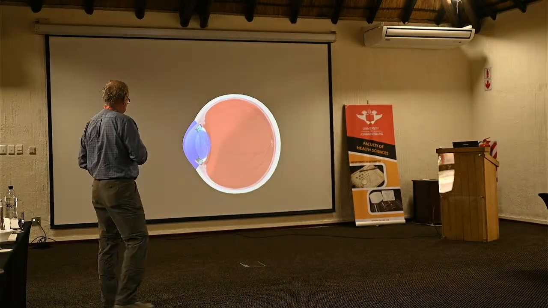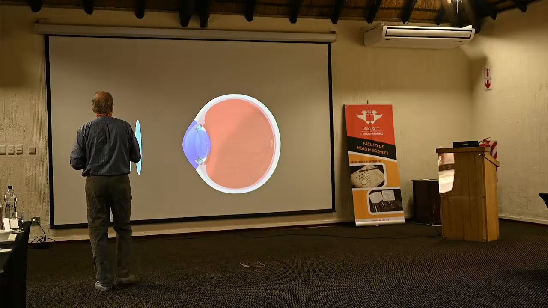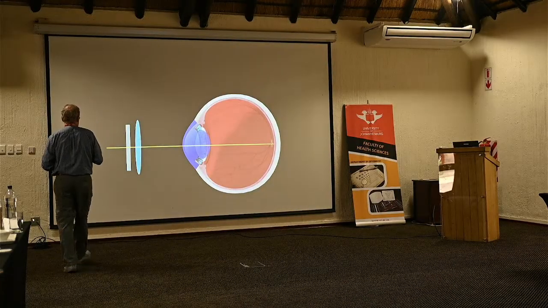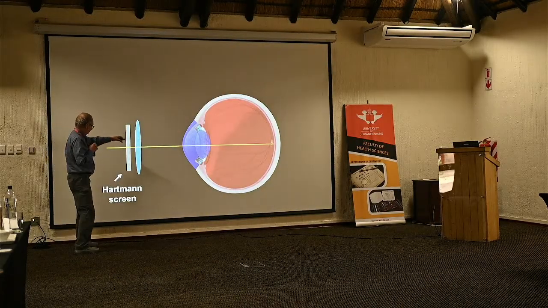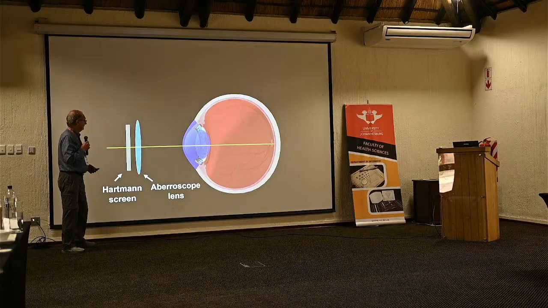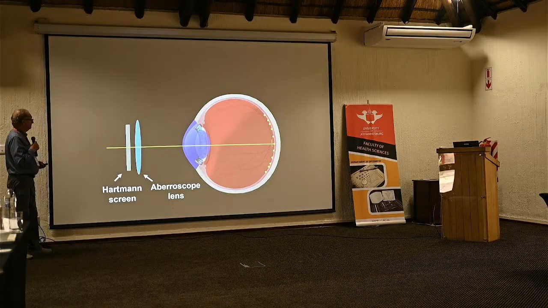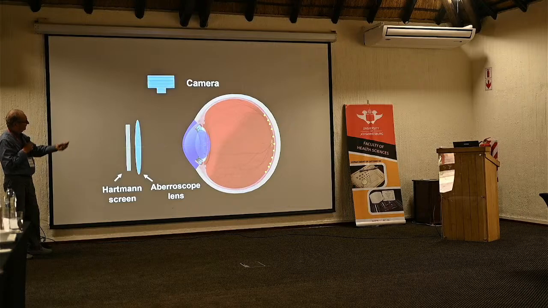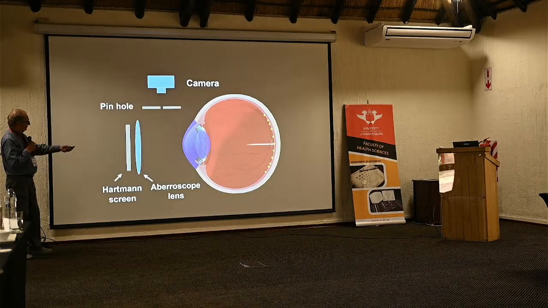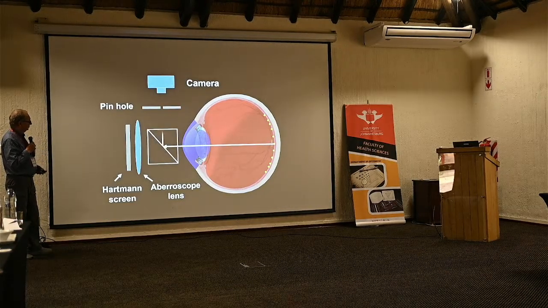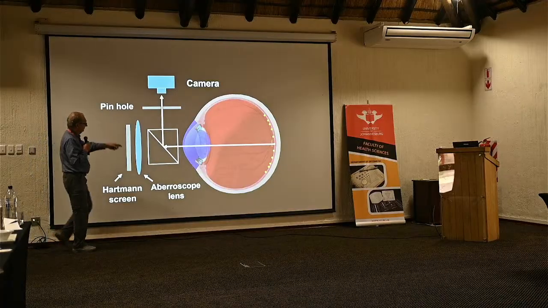So how does this type of aberrometer work? You have your Hartmann screen, you have your aberroscope lens, right? And then you're going to pass light through it. You have all the points on the retina. Then you're going to look at each of those points with a camera.